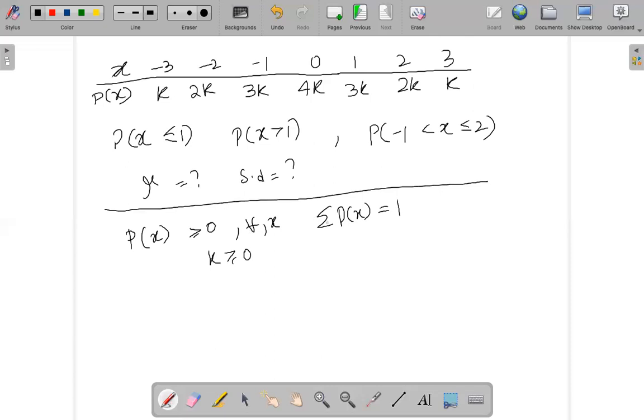Since we know the summation is equal to 1, let us put all this together: k plus 2k and 3k, 4k, 3k plus 2k plus k is equal to 1. Summation of P of xi is equal to 1. That's how we can find the value of k.